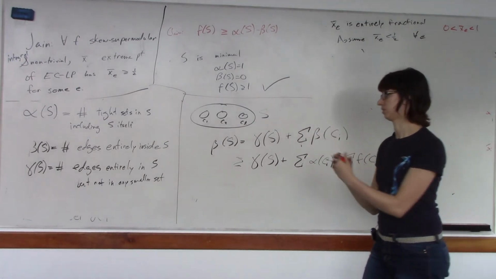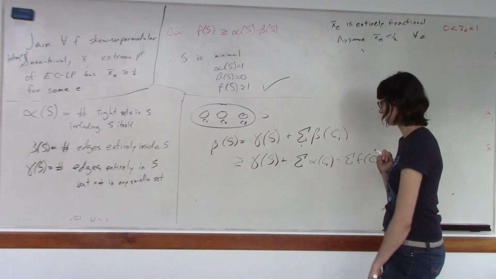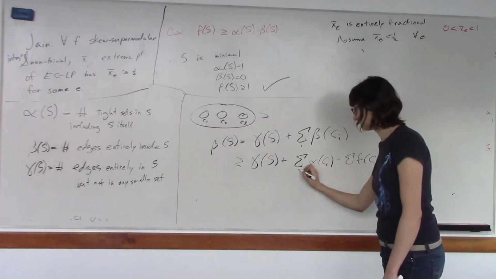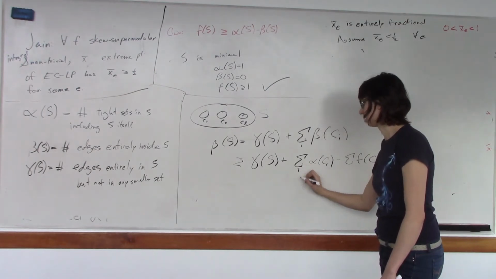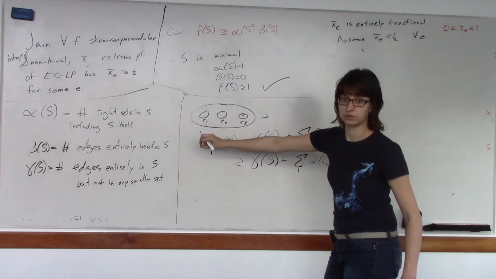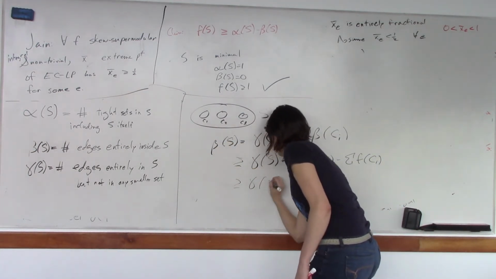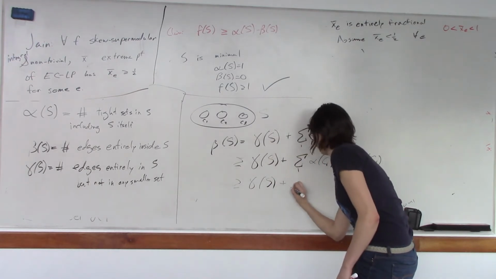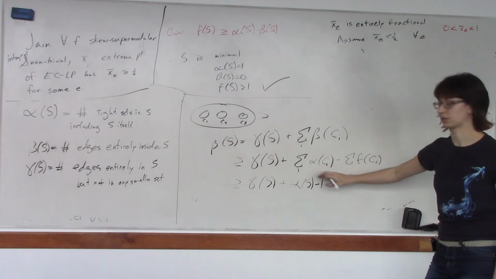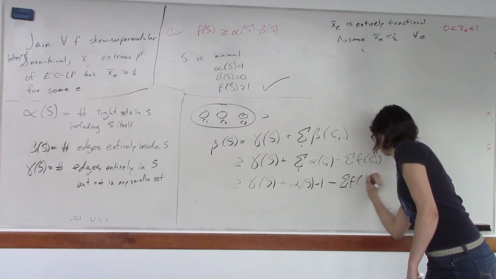We're going up, and so we already did our base case, so it's okay for us to move up in this fashion. And the sum of this alpha Ci, well, I'm looking at all the sets which are entirely within all the children. So this part is just alpha S minus 1, because the only thing that doesn't get counted there is alpha S, and then we have the f of Ci.